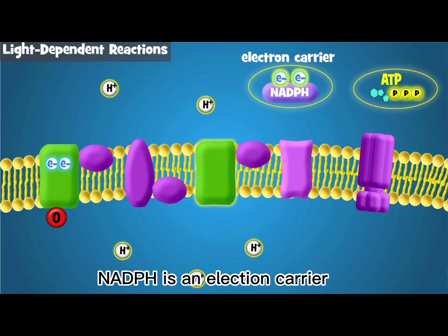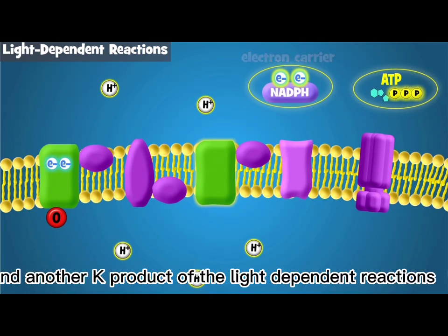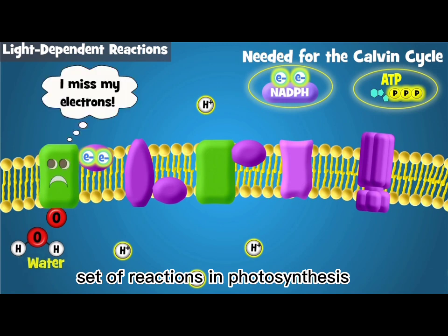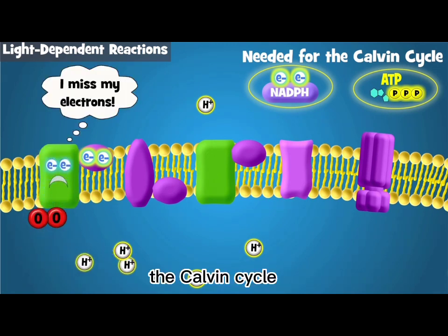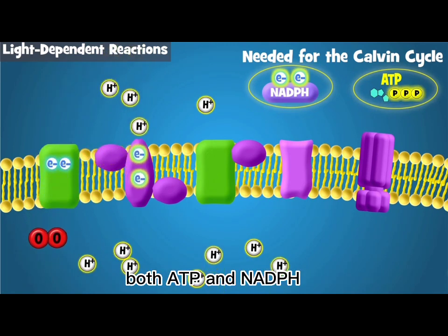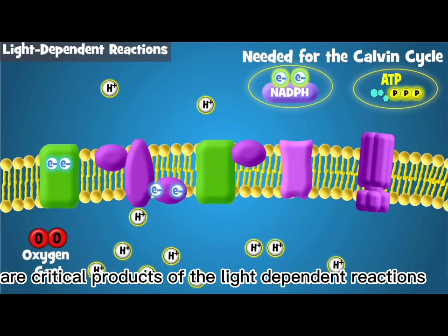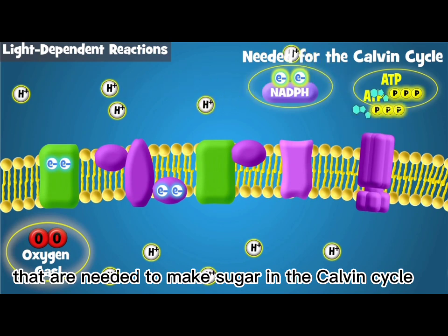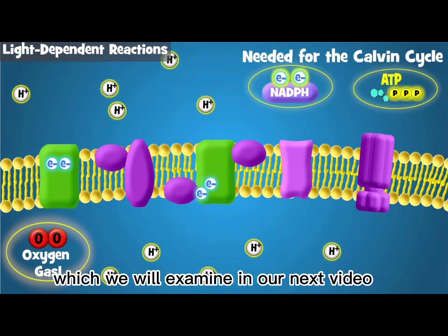NADPH is an electron carrier and another key product of the light-dependent reactions. It carries electrons and hydrogens to the next set of reactions in photosynthesis, the Calvin cycle. Both ATP and NADPH are critical products of the light-dependent reactions that are needed to make sugar in the Calvin cycle, which we will examine in our next video.